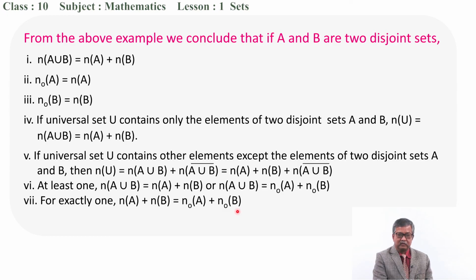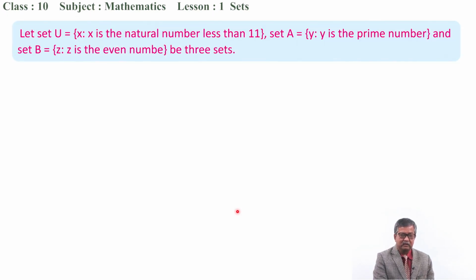So from this conclusion, let's discuss some problems. Let U be the set of all x such that x is a natural number less than 11. We know that U denotes the universal set.